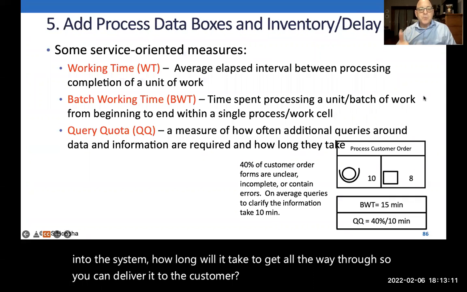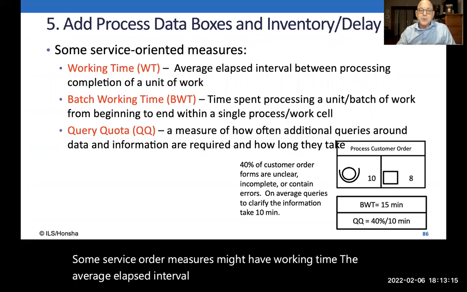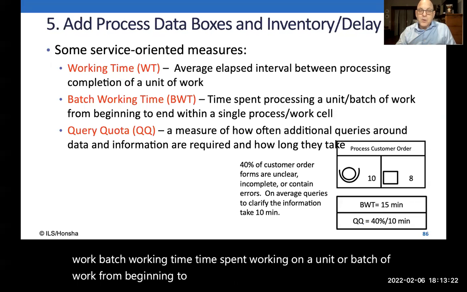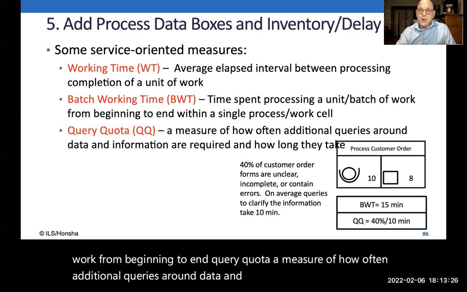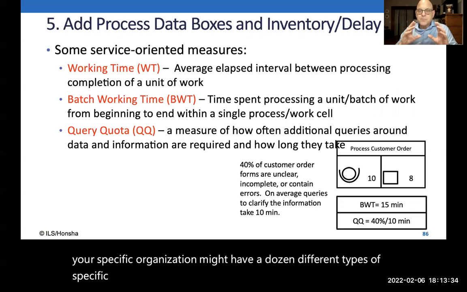Some service-oriented measures might have working time, the average elapsed interval between completed units of work; batch working time, the time spent working on a unit or a batch of work from beginning to end; and query quota, a measure of how often additional queries around data and information are required. Your specific organization might have a dozen different types of service-oriented measures.